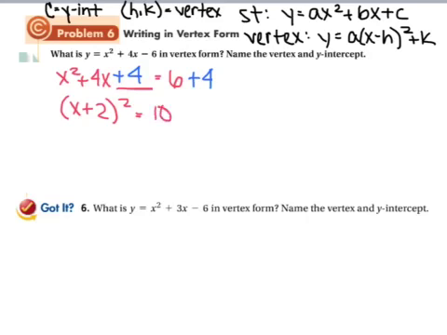Now I'm not solving. Remember, this isn't asking for a solution, it's asking for vertex form. So this kind of looks like vertex form, doesn't it? Except for what? What should I move here to get it into vertex form? Move the 10.